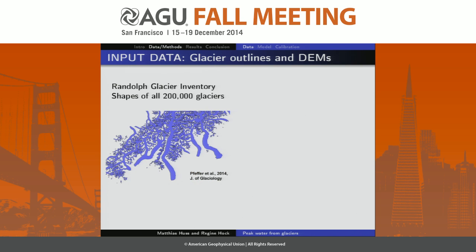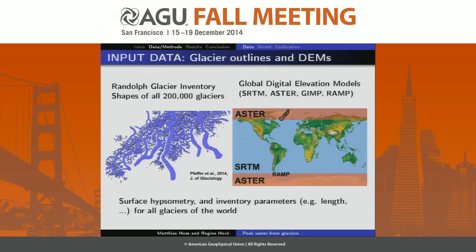So very shortly to the input data, we used the Randolph Glacier Inventory for deriving the shapes of all glaciers in the world. We have about 200,000 glaciers and intersect this Randolph Glacier Inventory with global digital elevation models to extract the surface hypsometry of all the glaciers as well as inventory parameters.